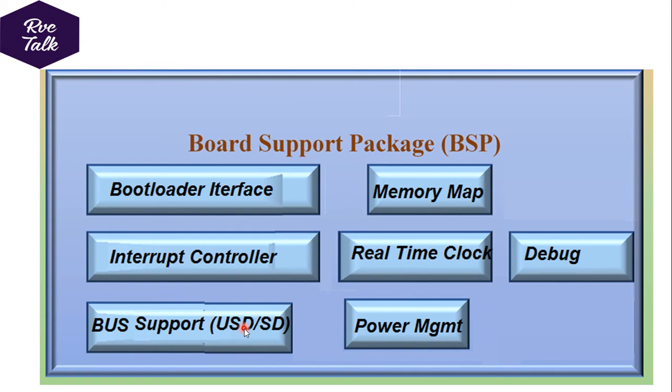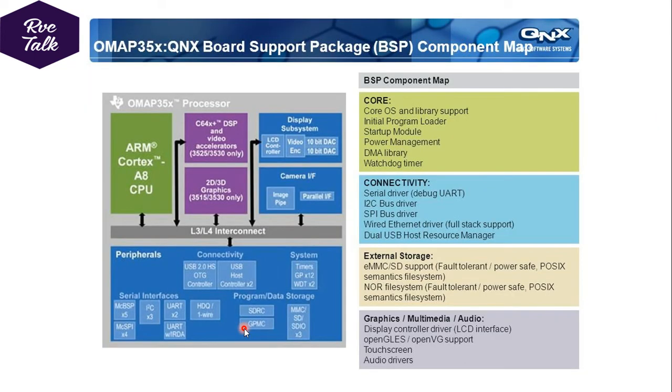Now typically, if we look at how the board looks, I just took an example of a QNX board. If you see the summary, what it provides is the same as what we discussed: debugging, UART, I2C bus driver, a wired Ethernet driver, and a dual USB host resource manager in terms of connectivity. External storage is the SD card, eMMC card, or different file system support, and graphics, multimedia, and audio are basically the display controllers.